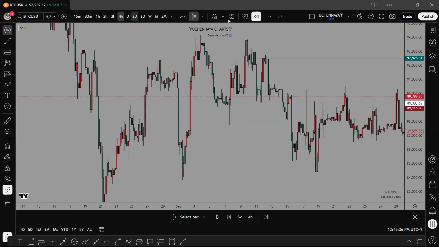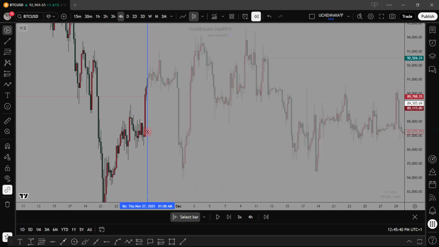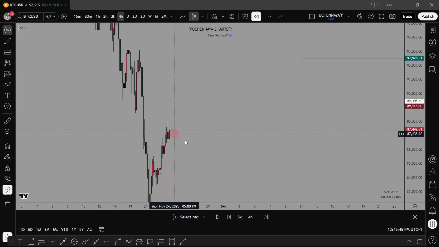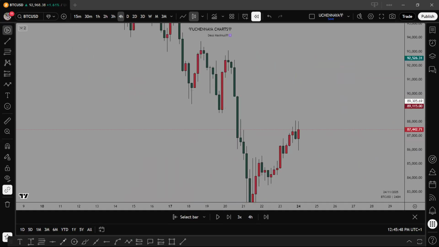Okay, now look at here. Now look at this. What do you see? This is a support that is supposed to sponsor more buys, right? But then price came with an impulsive move and broke it completely without any consideration, right?